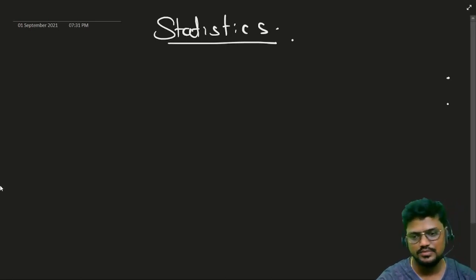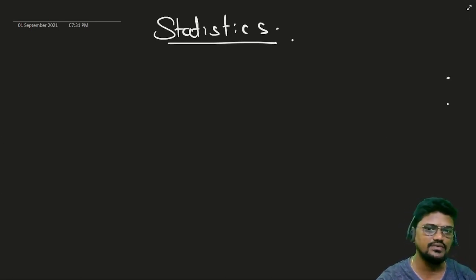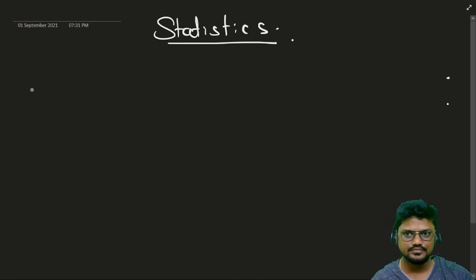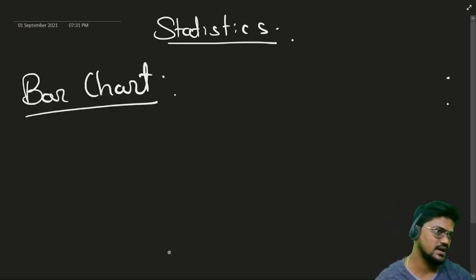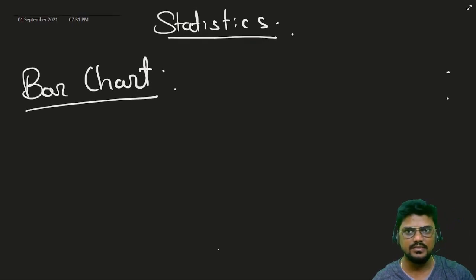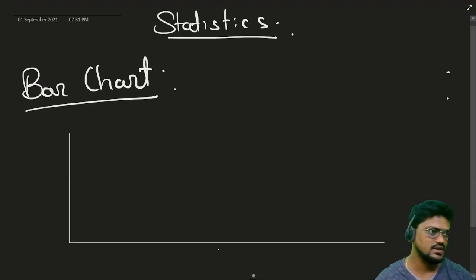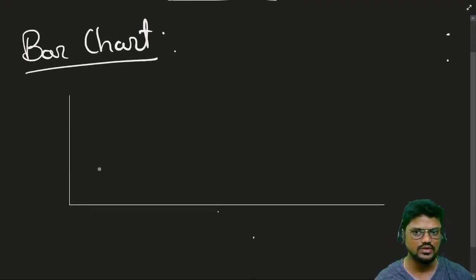So the first thing which we have is the bar chart. I hope you guys are aware of it. Bar charts are normally drawn like this. There will be x and y axes like this, and there will be some data, like the population in each year.